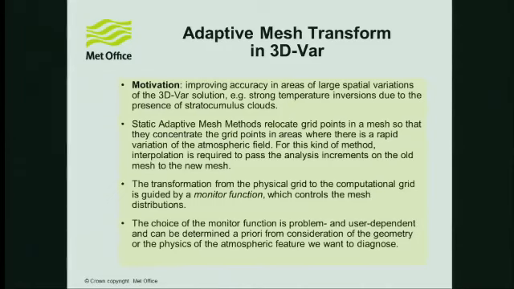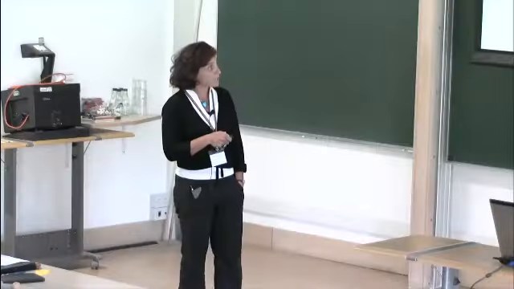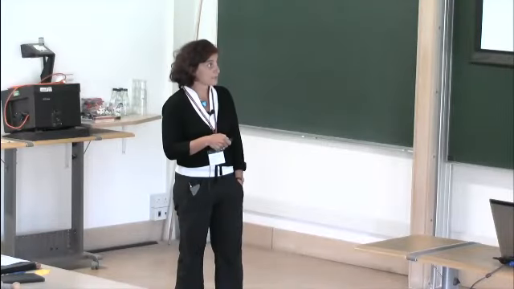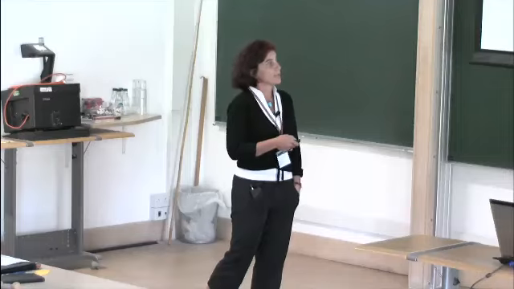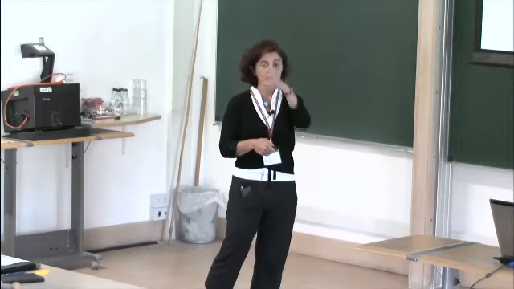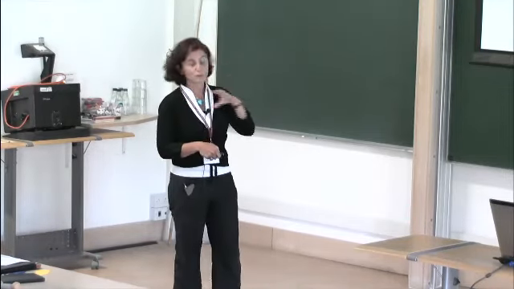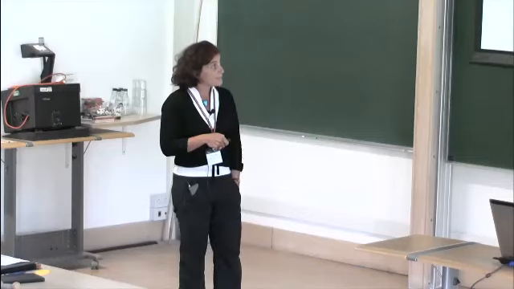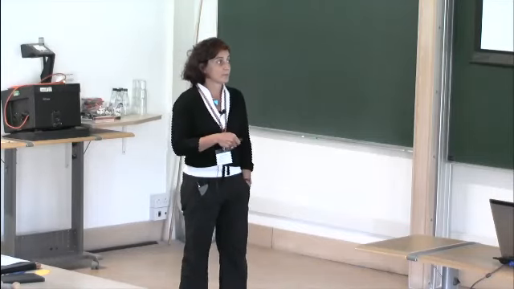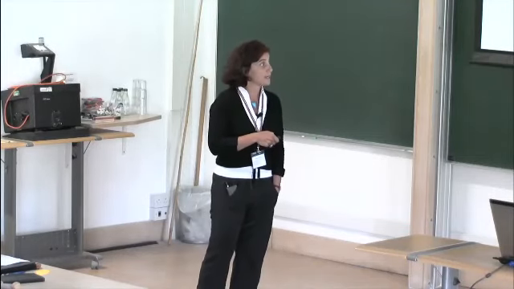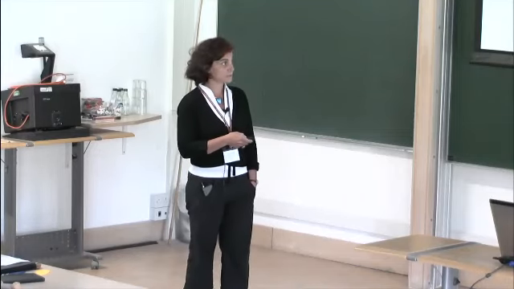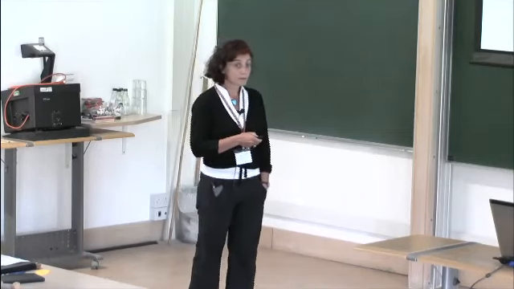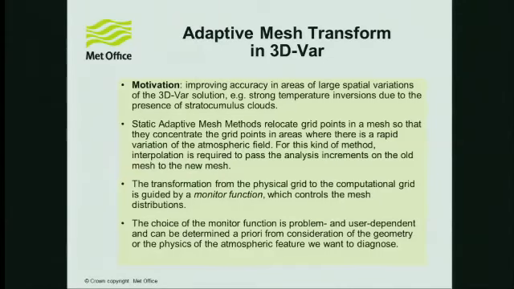That's why we decided to use this particular method, because depending on what we want to improve, we can change the monitor function to relocate the mesh points wherever we like. It can be determined a priori by looking at the geometry or the physics of the atmospheric feature we want to diagnose. So are you using observations or the background? Background. Because we want to have every single point.